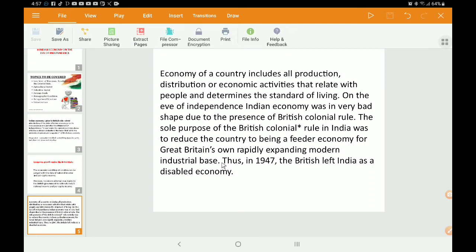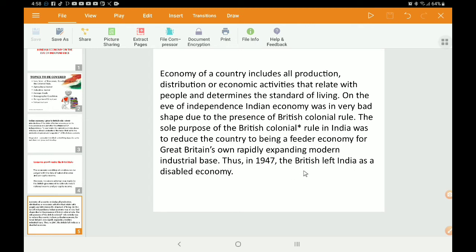The British government wanted to establish their industrial base from our raw materials, and they supposed India as a feeder economy which fulfills their needs for their own motive.